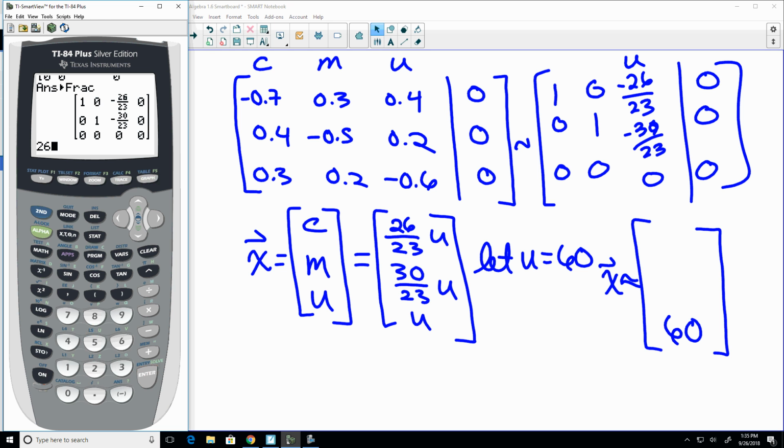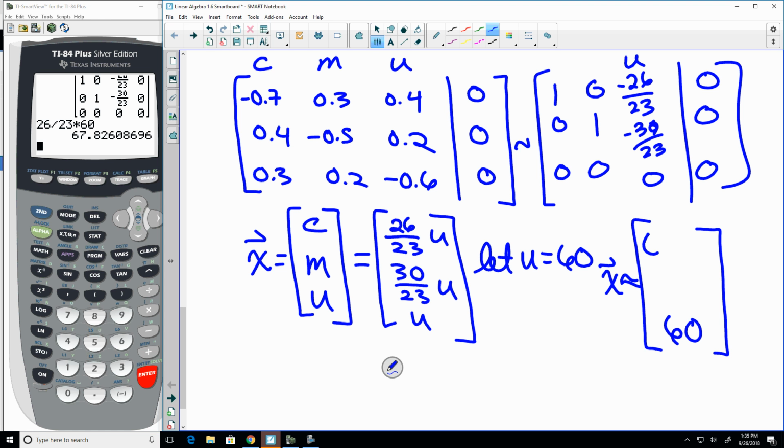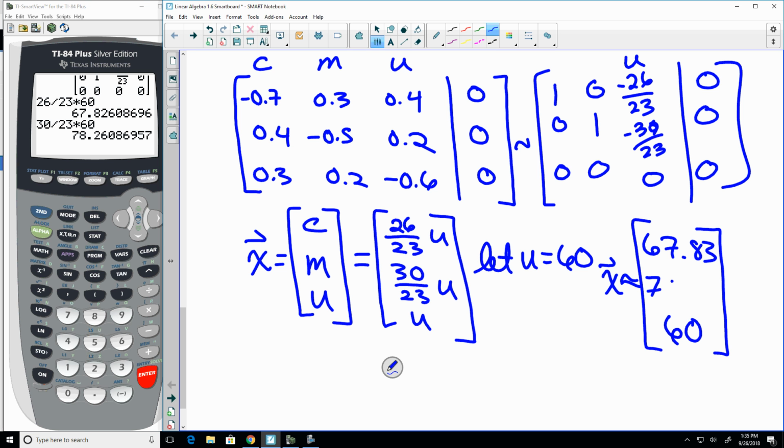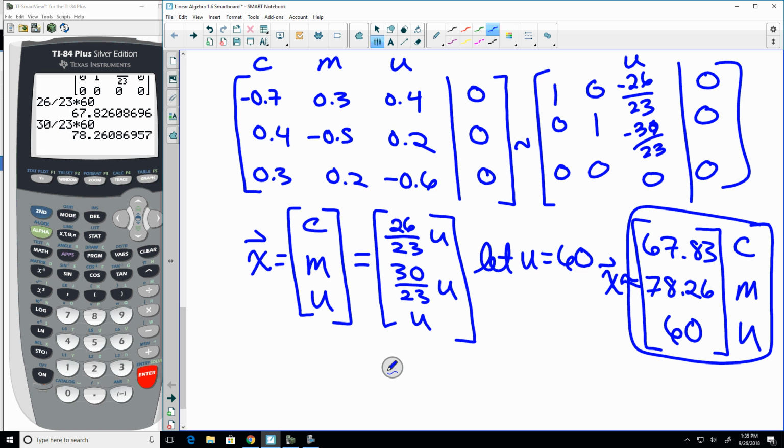So 26 divided by 23 times 60, 67.83. And then 30 over 23 times 60, 78.26. So that's Canada, Mexico, United States, in billions of dollars.